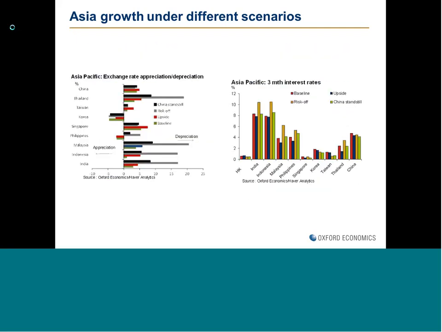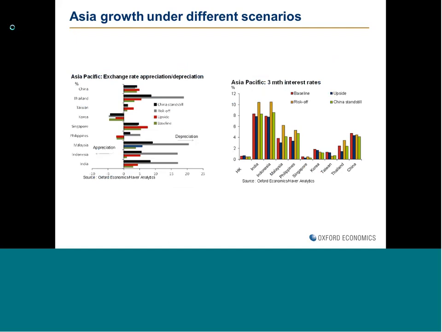If we also look at the impact of the different scenarios in terms of FX and interest rates, and I apologise, this may be a little bit difficult to see, unsurprisingly, part of the reason why the risk-off scenario would be so severe is the impact on depreciation and interest rates.